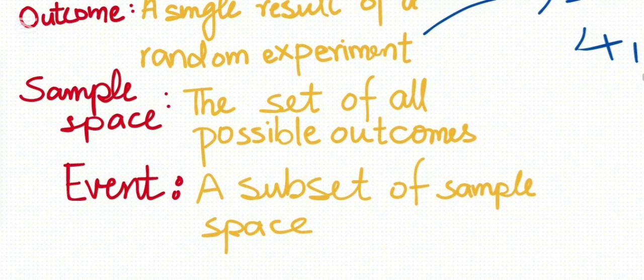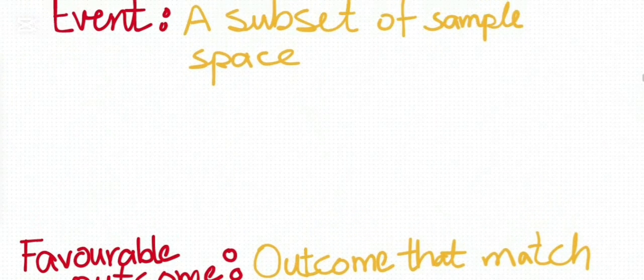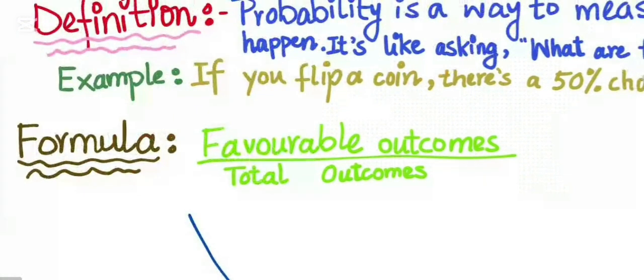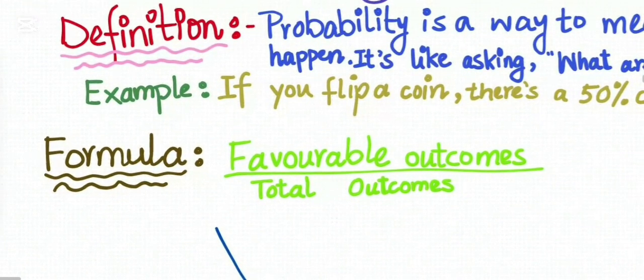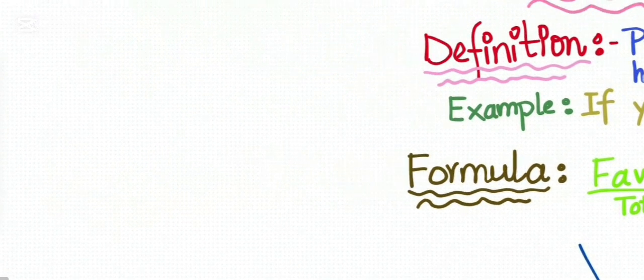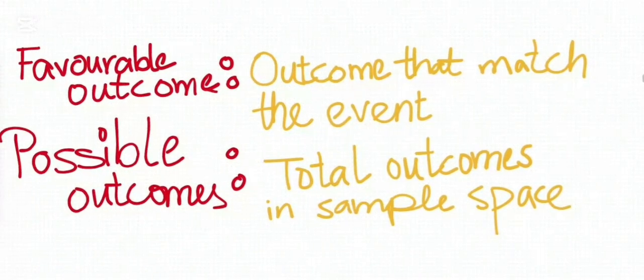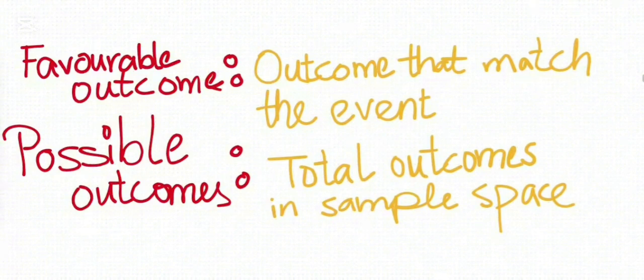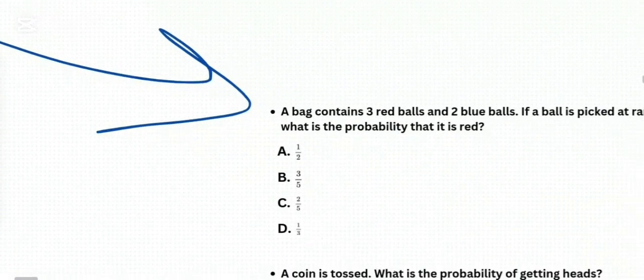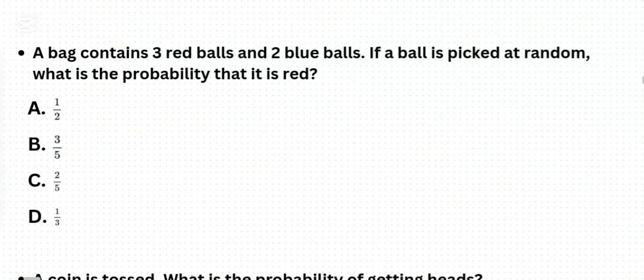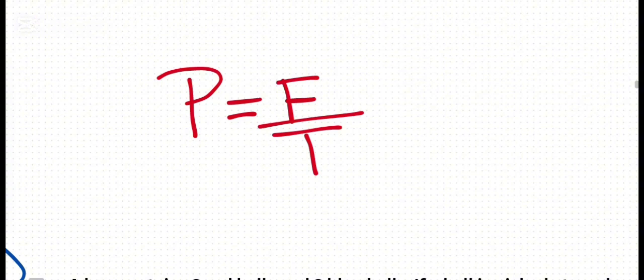Now, we will move on to the formula. As you know, the formula of probability is the number of favorable outcomes divided by the total number of possible outcomes, right? So what are favorable outcomes? Favorable outcomes are the outcomes that match the event. Possible outcomes are the total outcomes in the sample space, right? Now we are going to the questions of this chapter for practice. So the first question: as you know, the formula of probability is the number of favorable outcomes divided by total outcomes.